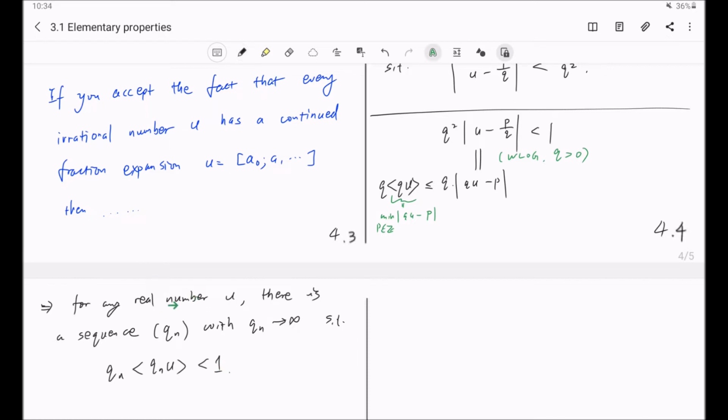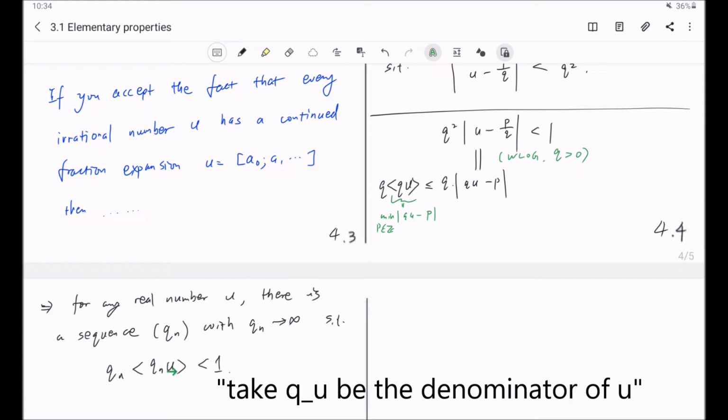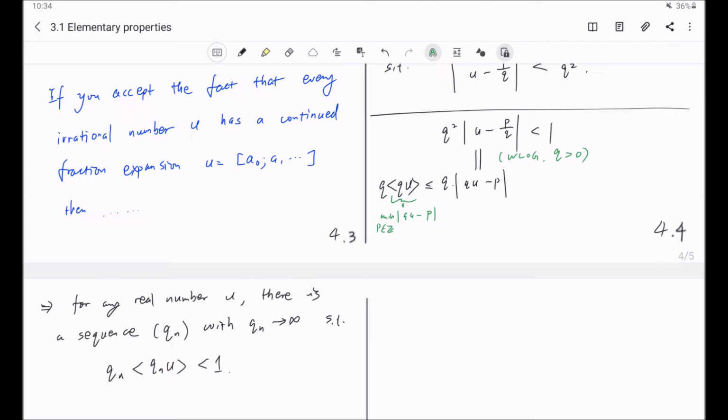And I said this is true for any real number u. When u is a rational number, this is trivially true, because in that case you just take q sub n to be the denominator of u, and this guy will become 0. I mention this here because there's a very big deal related to this result.